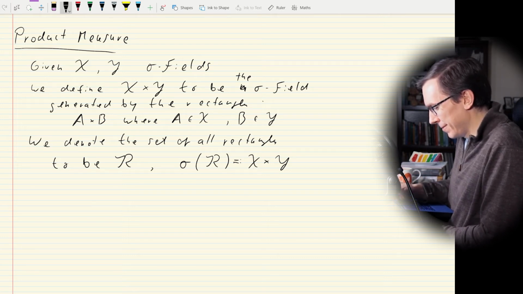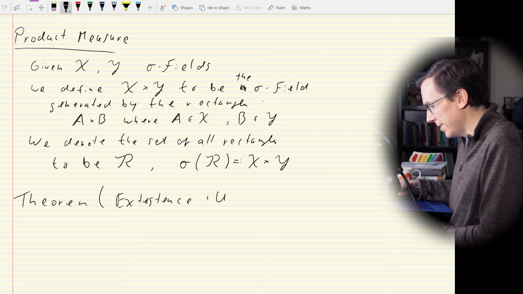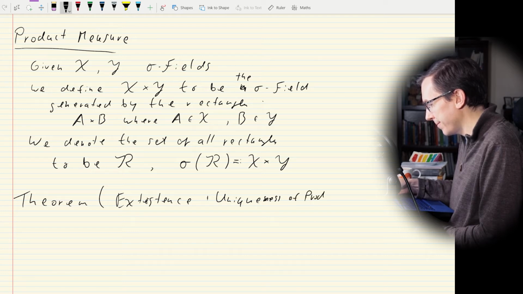Anyway, the big theorem we want to prove is existence and uniqueness of product measure.